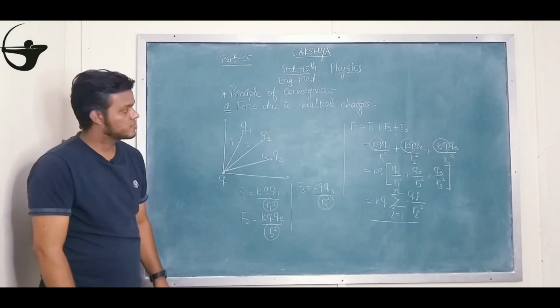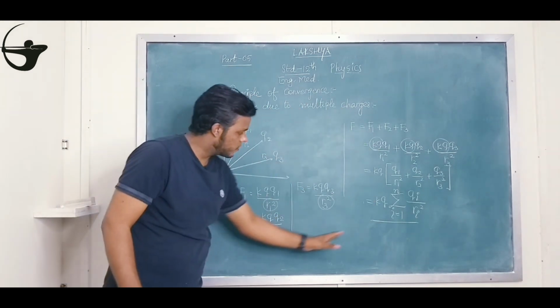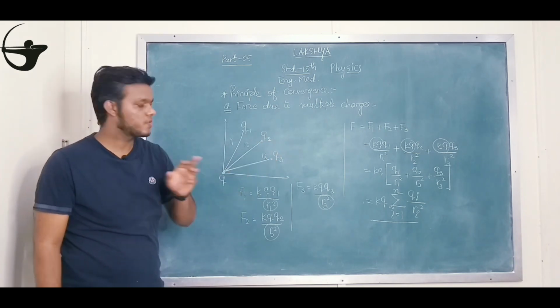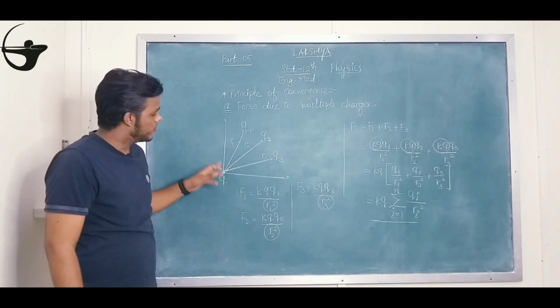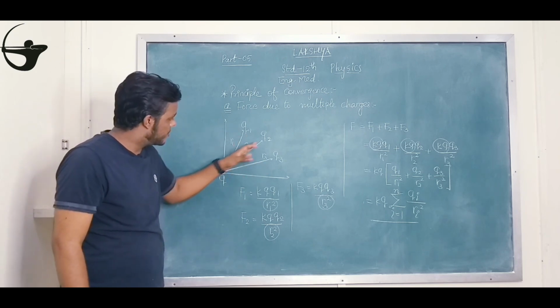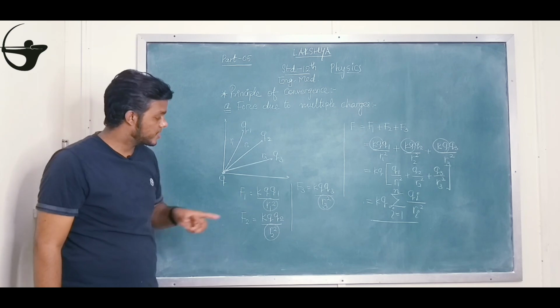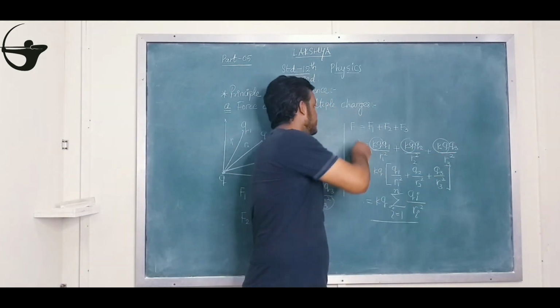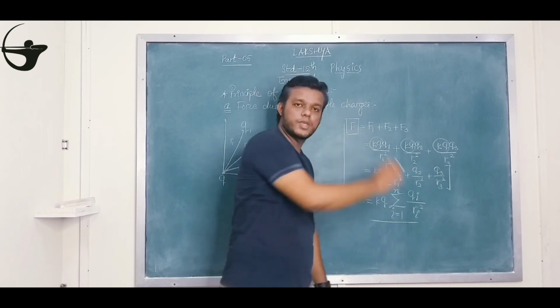So again, for force due to multiple charges, when multiple charges apply force on a single charge, you have to find the force by each individual charge, then sum up those forces to get the total force.